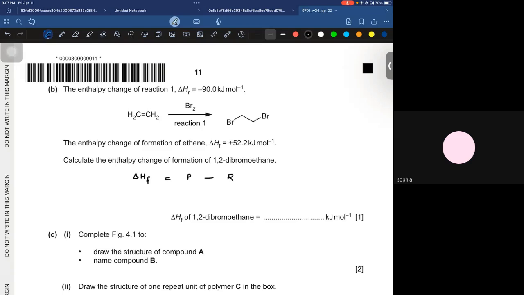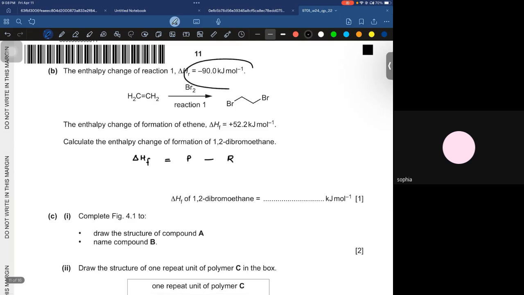They have given you the reaction, that is the overall answer, minus 90. So product is this, and we have to find this. So it would be X minus reactant, which is 52.2. So X is equal to minus 90 plus 52.2.